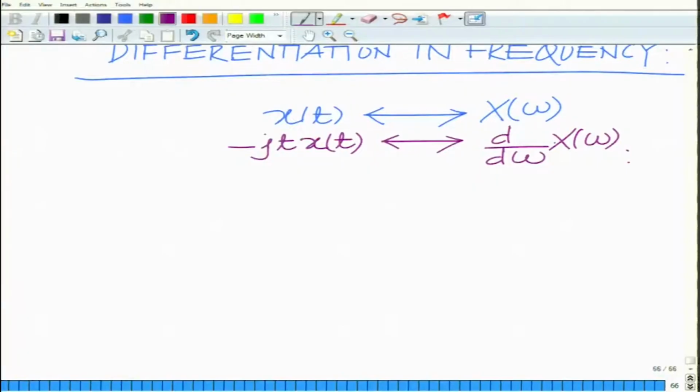Now, let us come to one of the other properties, that is integration in time.